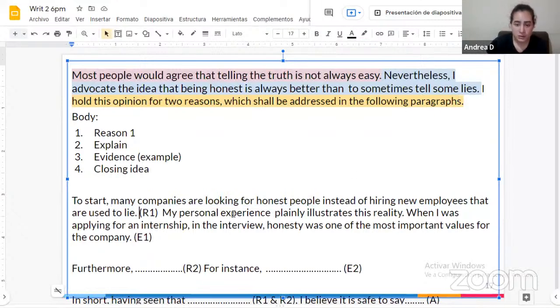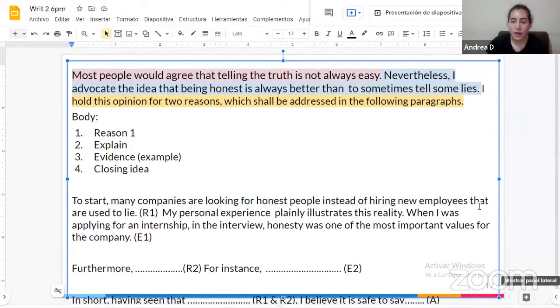So I would add something like, as a result, when you tell the truth or when you're honest, you have better chances at getting your dream job. Make sure that it's clear how being honest is going to give you this advantage.